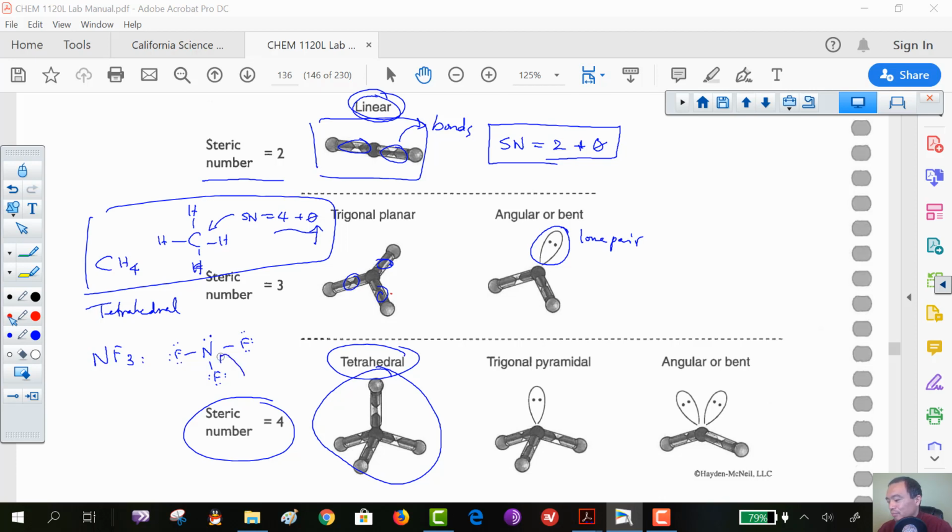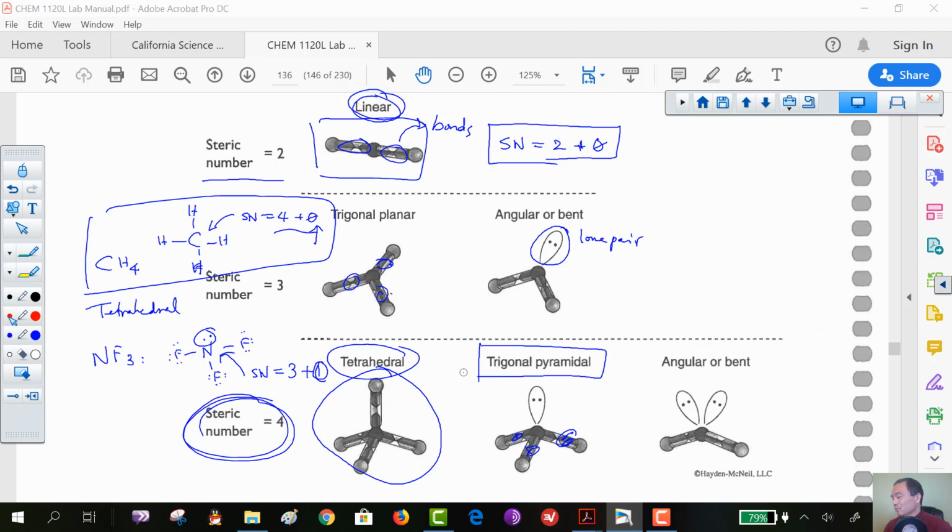For this center atom nitrogen, SN is 3 bonds plus 1 lone pair. So 3 plus 1, SN total is 4, but one of these is actually the lone pair, as you can see over here. It's 1, 2, 3 bonds plus 1 rabbit ear, and this is a so-called trigonal pyramidal. That's what you should put down as the shape.